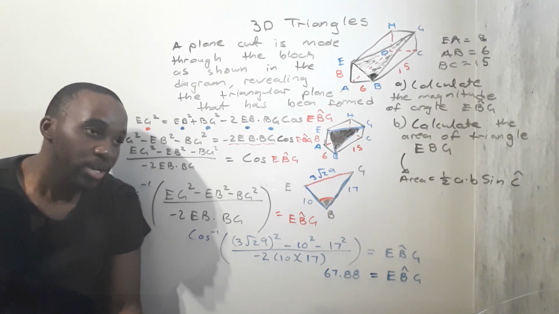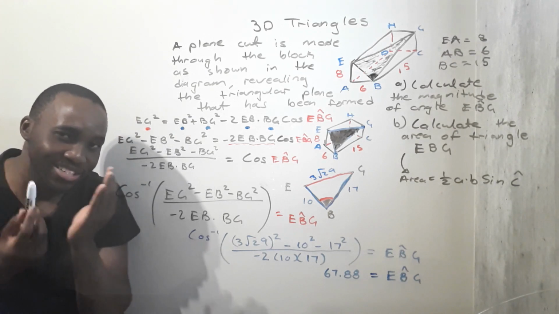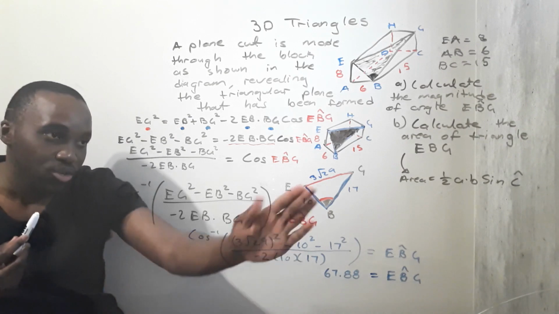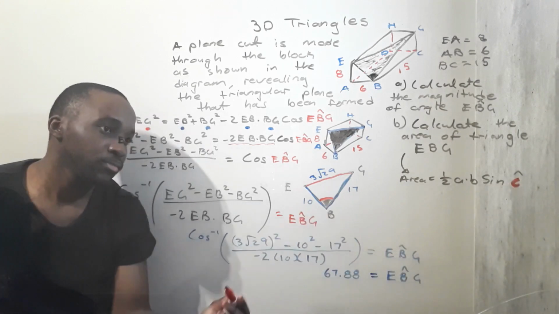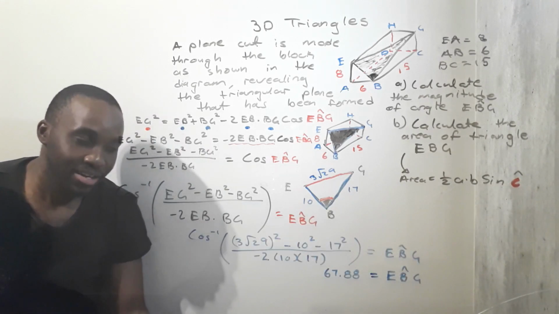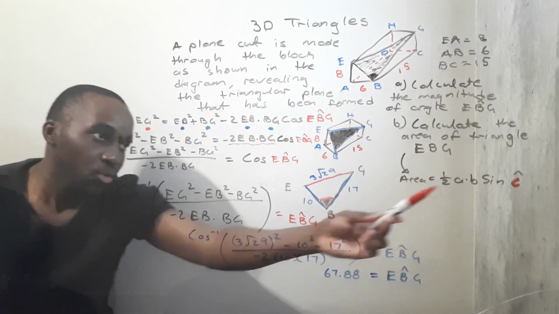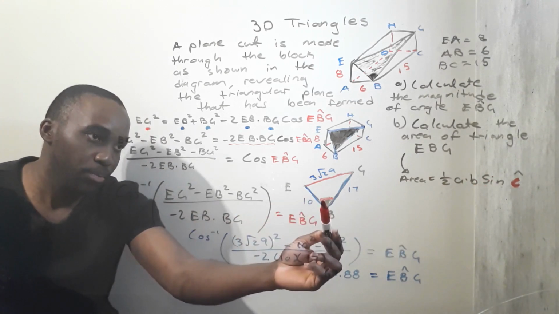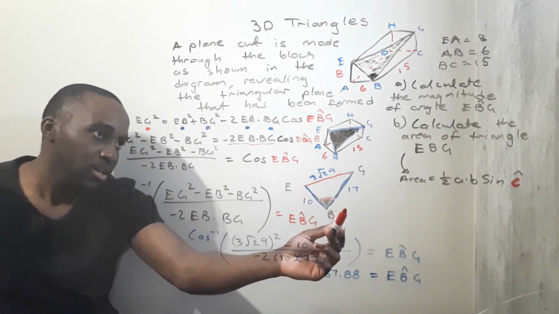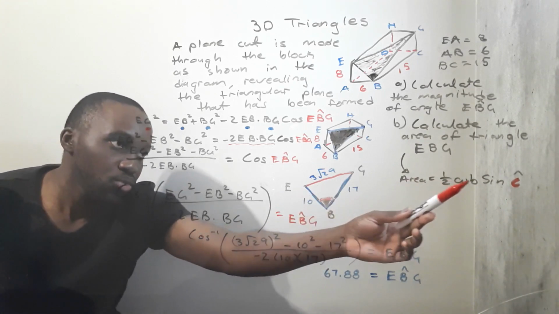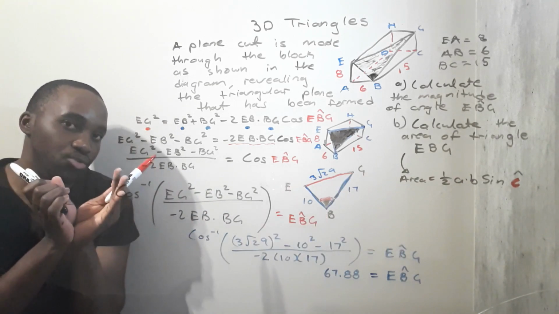So what I mean is, whenever you use the area rule, you also want to think the same way that you do when you use the cosine rule, in the sense that your angle, you preferably want to make that an angle that you have, in the sense that in our case here, where C is, we want to position that here, because I mean we don't have any other angle in this sketch. Furthermore, these two lengths here will always be the ones that are next to your angle.